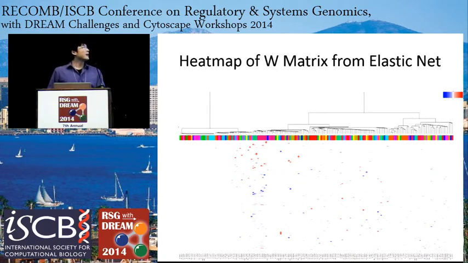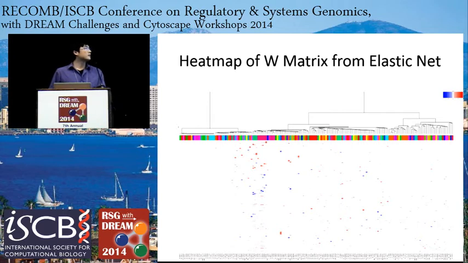Here we made a heat map for the W matrix learned from ElasticNet. Each column is one drug and each row is one gene. Red means there's a positive coefficient, and blue means the coefficient is negative. Each drug is color-coded, and drugs sharing the same mechanism of action have the same color.